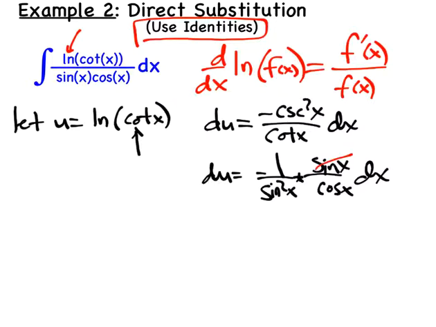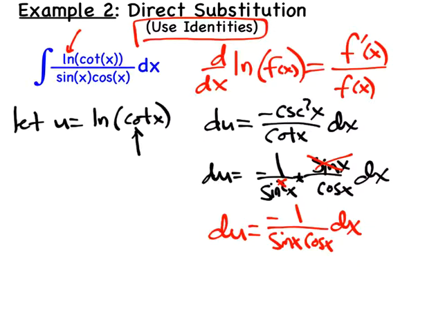And we see that one of the sines is going to cancel, so that du is equal to negative 1 over sine x times cos x dx. We see that we have this sine x cos x in the denominator and the dx.